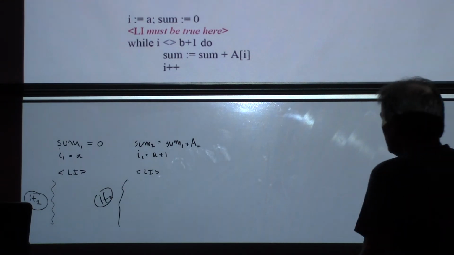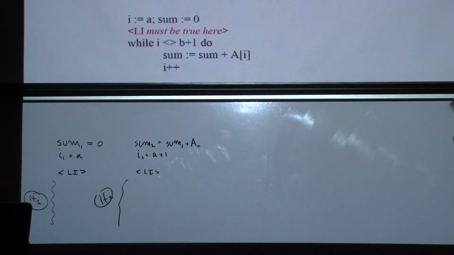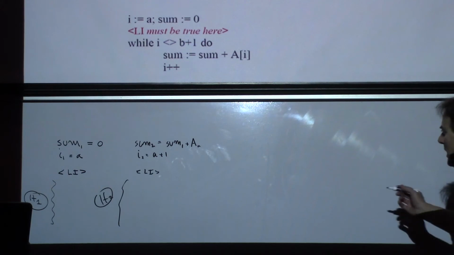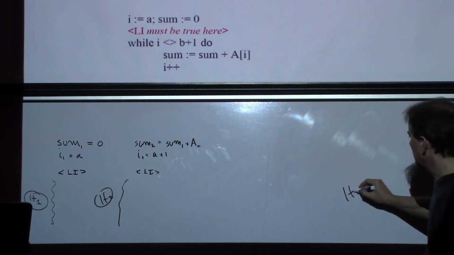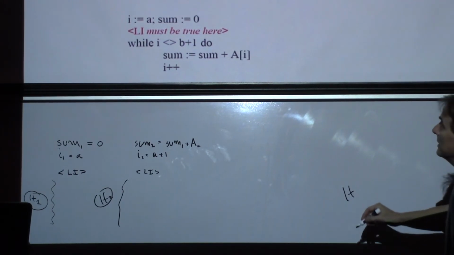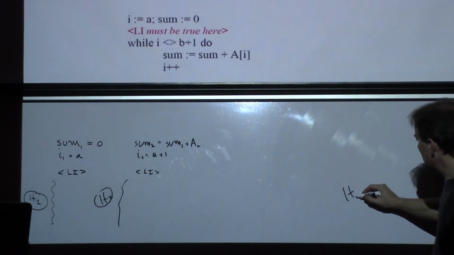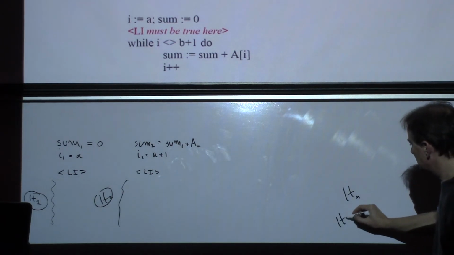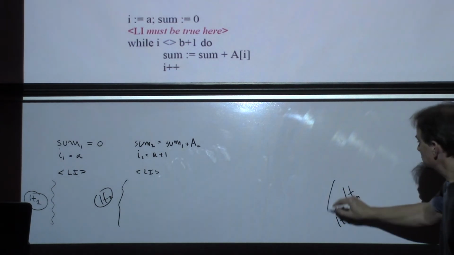Okay, now after we do the last iteration, how many elements do we have? I'm going to say iteration n, which is also known as iteration b minus a plus 1, right? So this is the iteration.